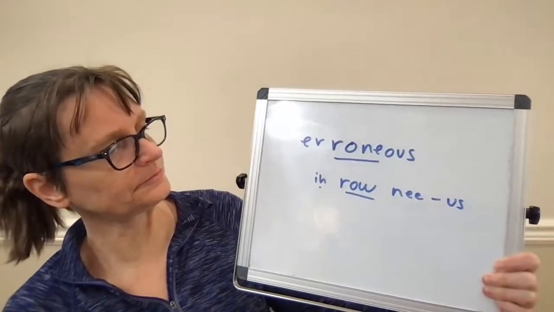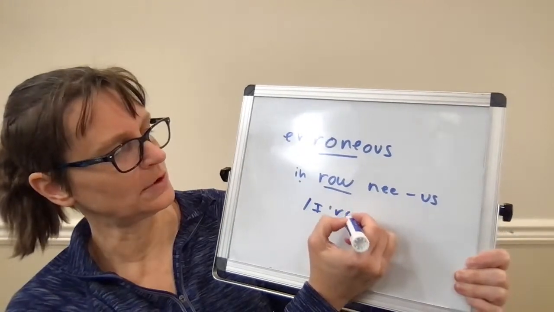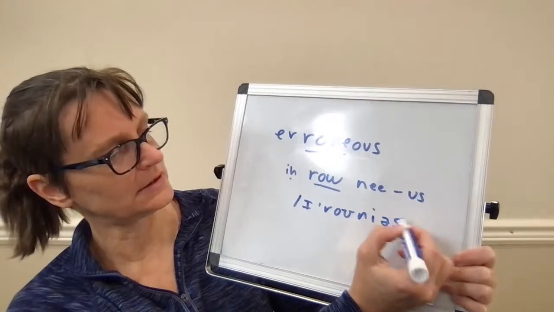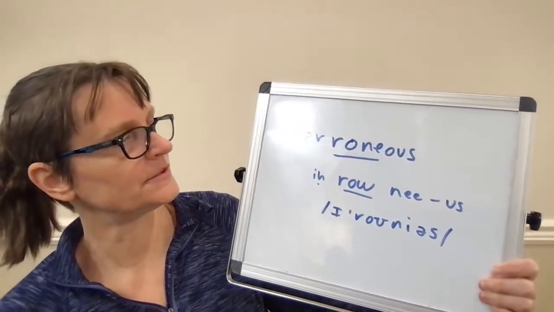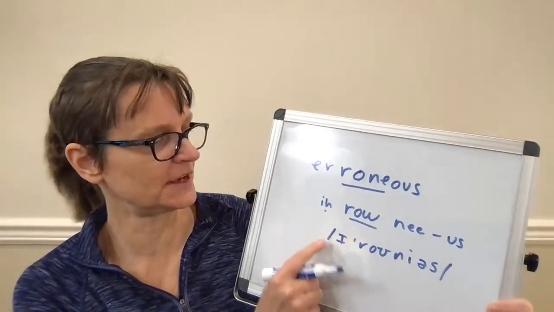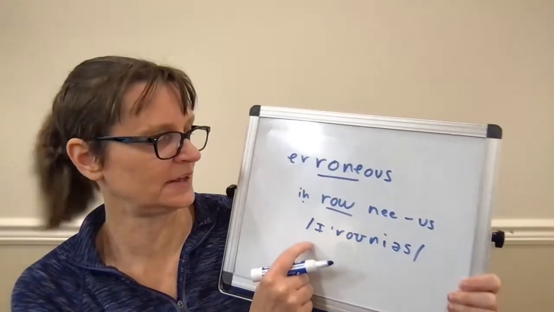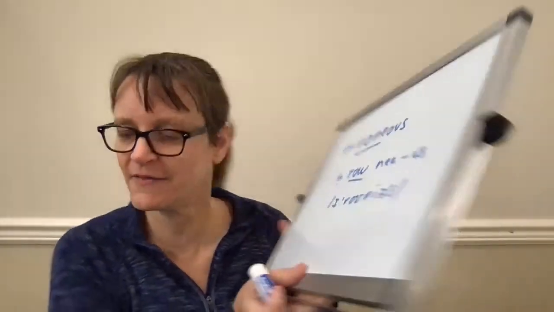Erroneous. It would look like this. Erroneous in the dictionary. Erroneous. So even though we have error with an air diphthong at the beginning of this, we have the stresses on this R, so we just have kind of an I, erroneous, or an erroneous. You can even think of it as a schwa in that unstressed first syllable.